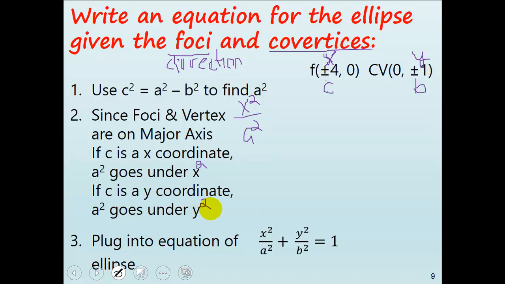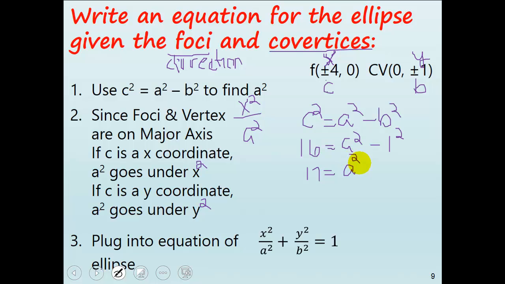Okay? So let's use C squared equals A squared minus B squared to find A squared. So I have 16, that's C squared, is equal to A squared minus 1 squared, which is 1. So 17 is equal to A squared.